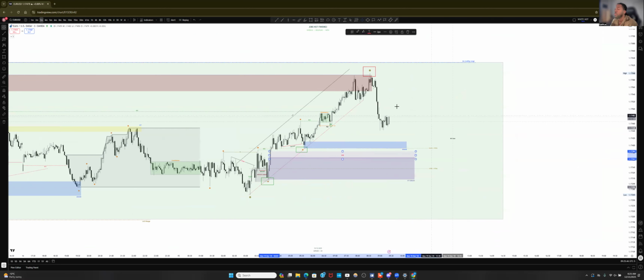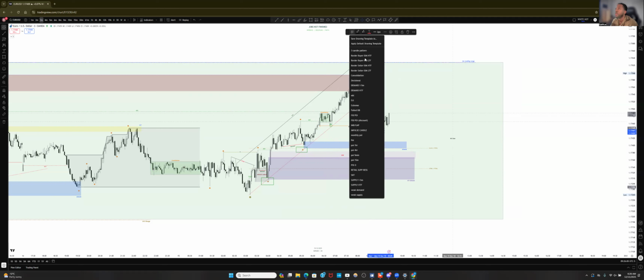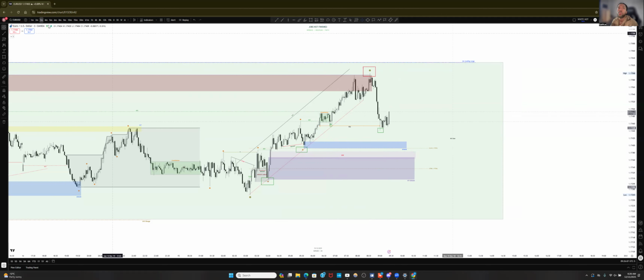But right now, if price does come back up here, we can ask ourselves, could this be a reaction point? So what did we get here? We got a break of a body. So we can say this is another buyer inducement. Where can this buyer inducement lead? Let's see.